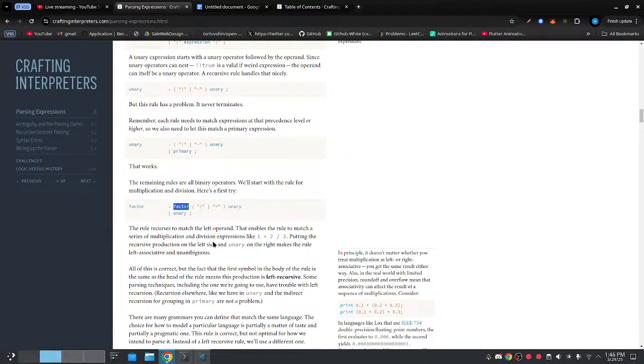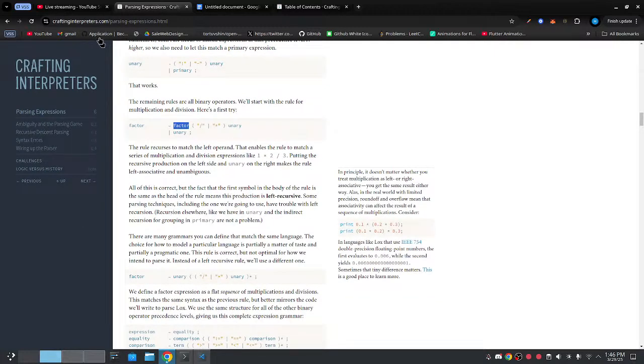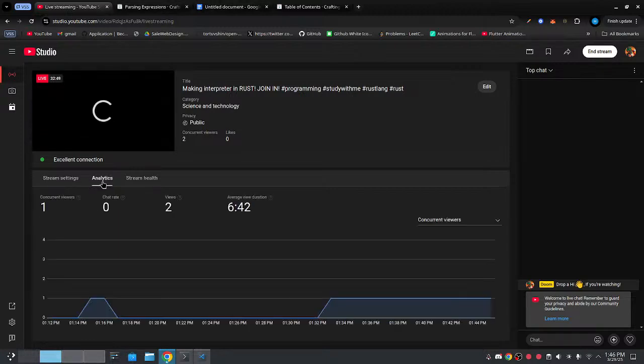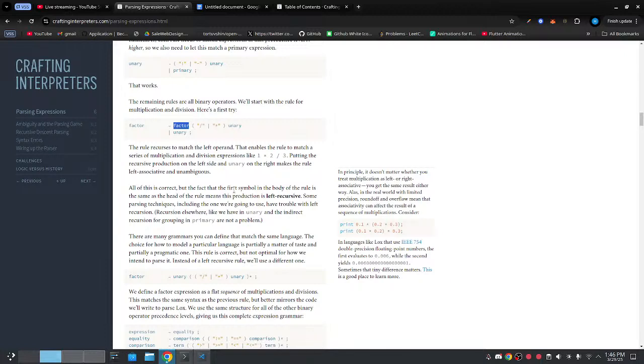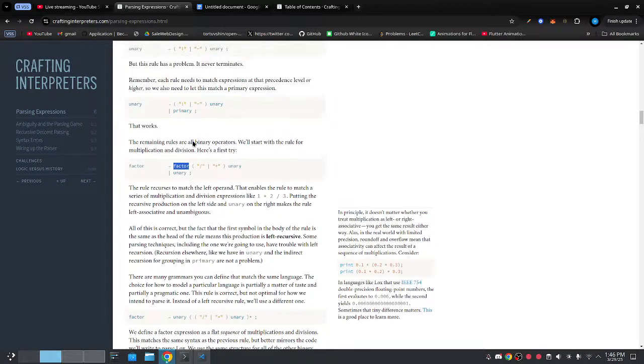The rules regard this to match the left operand. Putting the recursive production on the left side and unary on the right makes the rule left associative and unambiguous. Yeah, sure. Recursive is on the left because factor would give factor, and unary on the right.